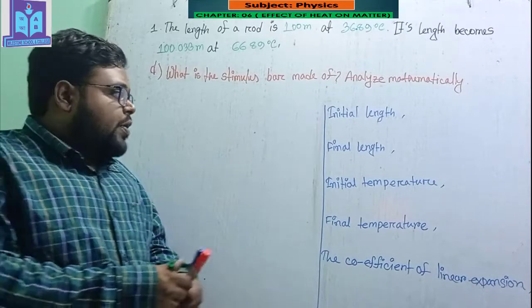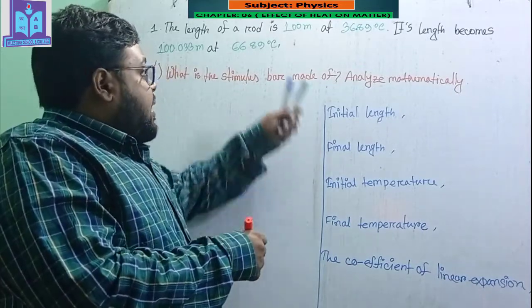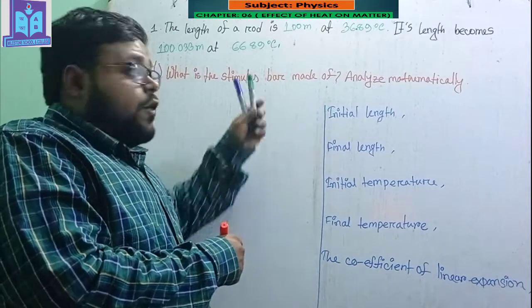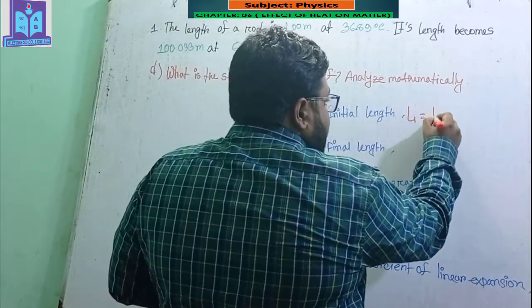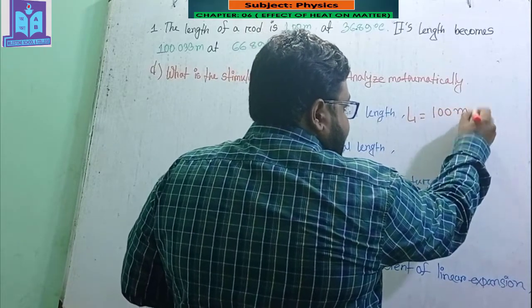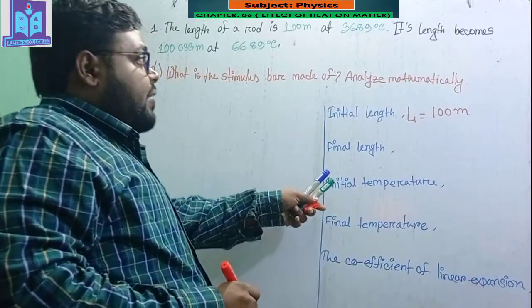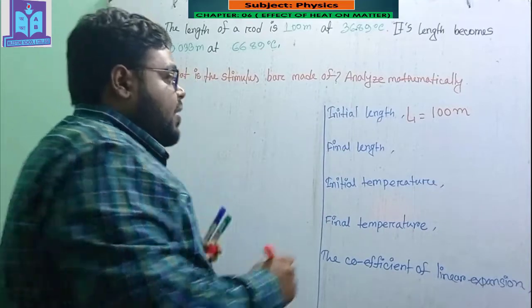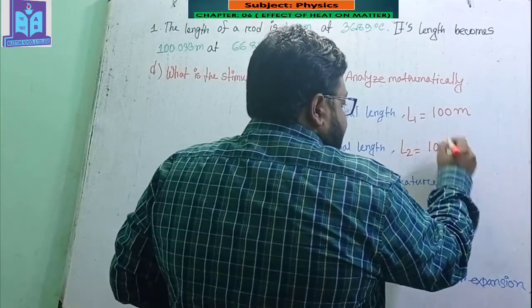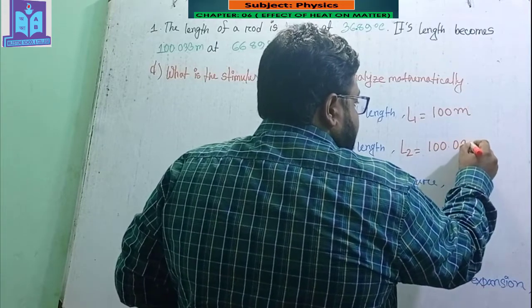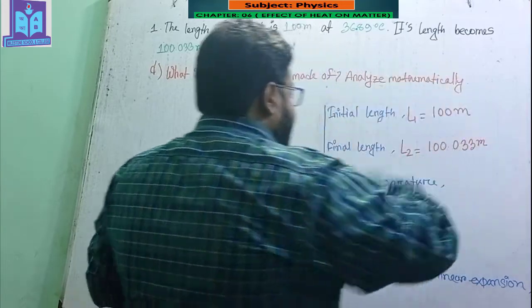So here you can see that the initial length of the rod is L1 equals 100 meter, and the final length L2 equals 100.033 meter.